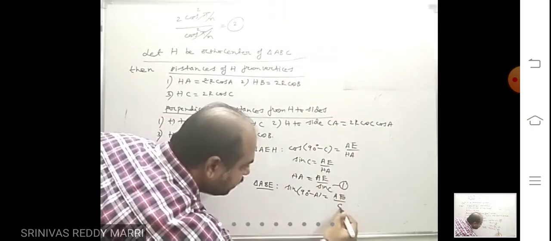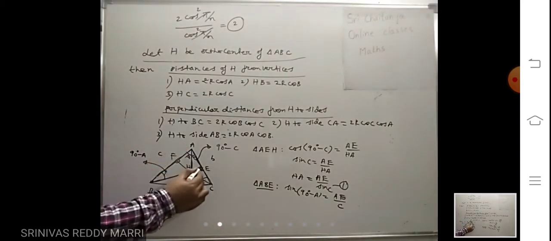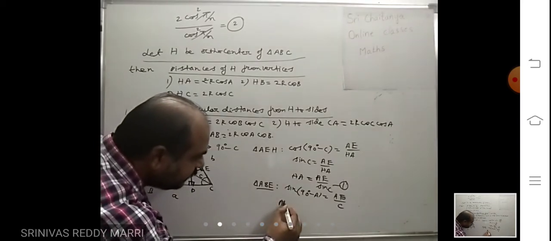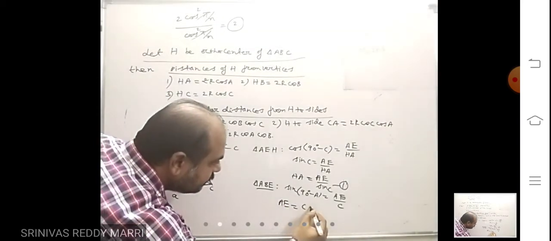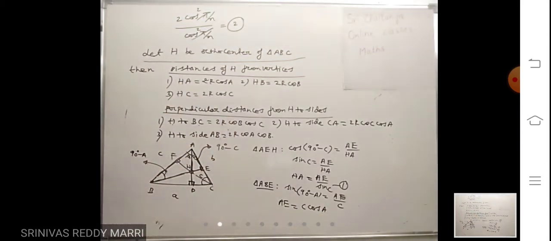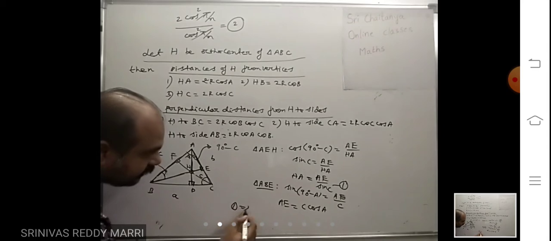That is nothing but C, you know. This length is C. Therefore, AE is nothing but C cos A.